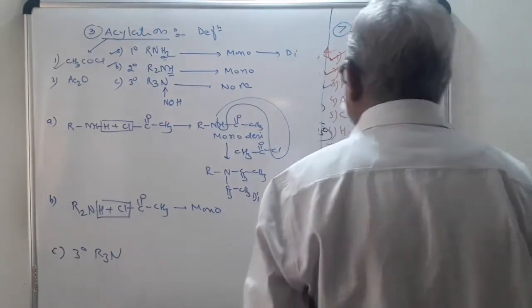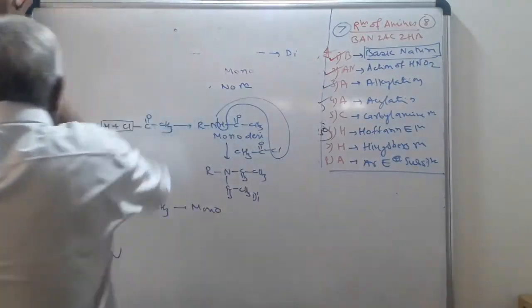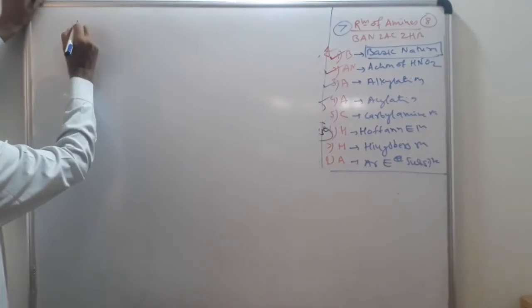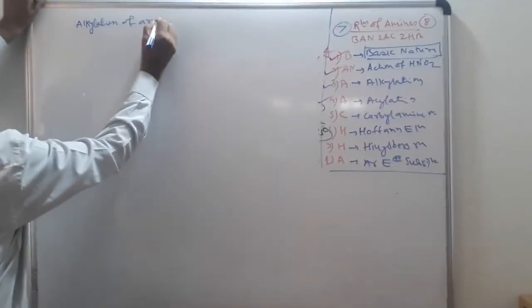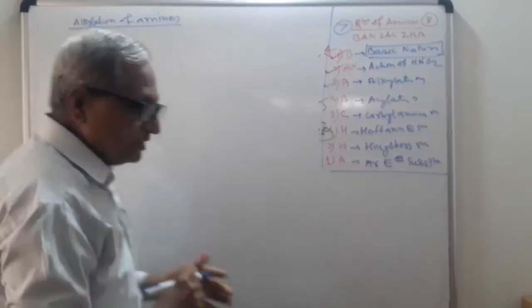Now we are going to start the fourth reaction, that is, alkylation of amines. So give the title, alkylation of amines. This reaction is also called the Hofmann reaction, Hofmann ammonolysis.